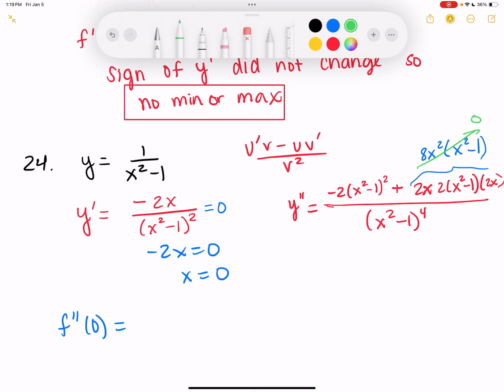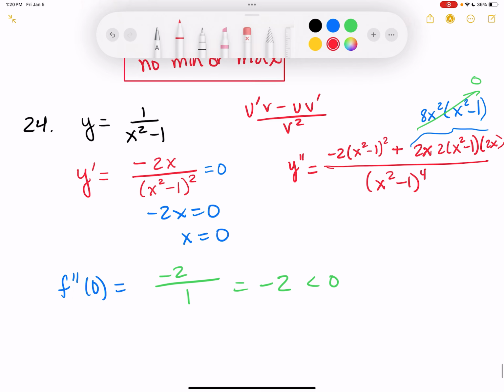The first part is gonna be -2, right? What about the bottom? The bottom is going to be 1. So that's equal to -2, which is less than 0, and what does that mean? It's a max.